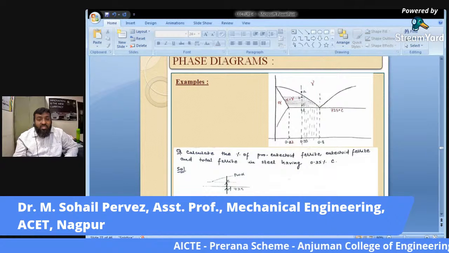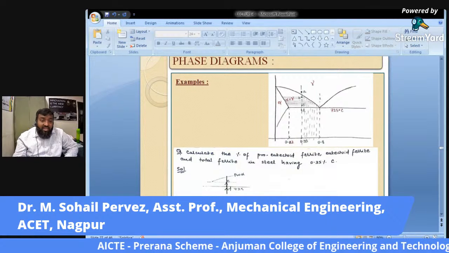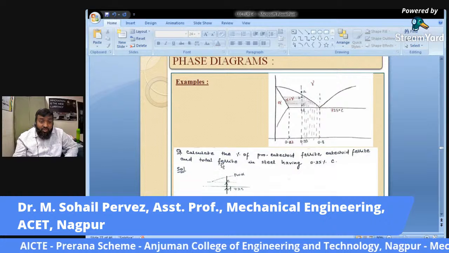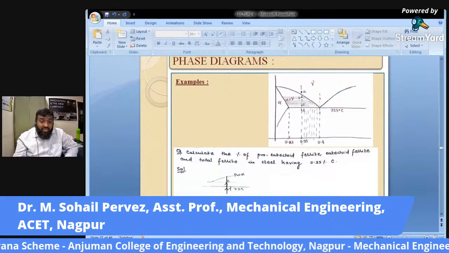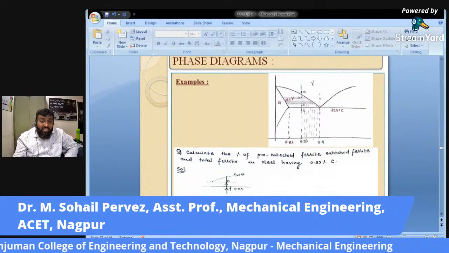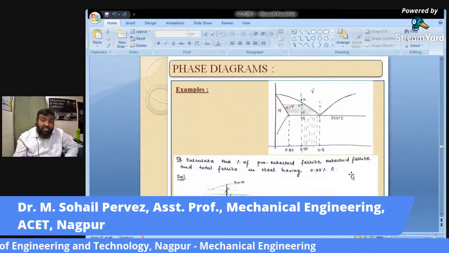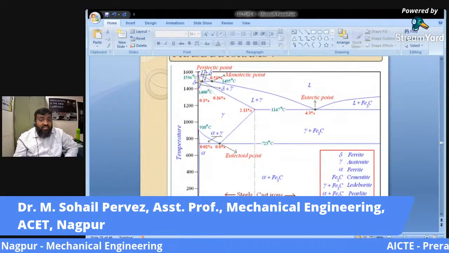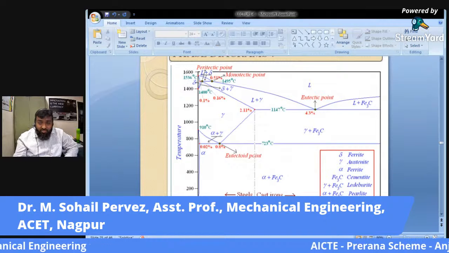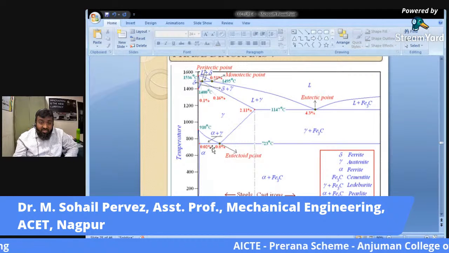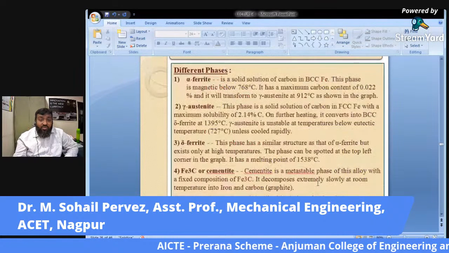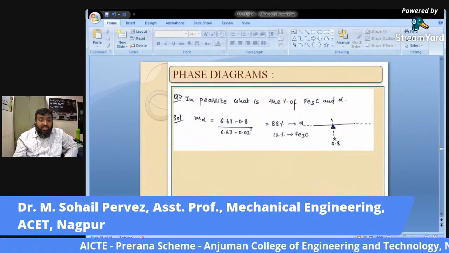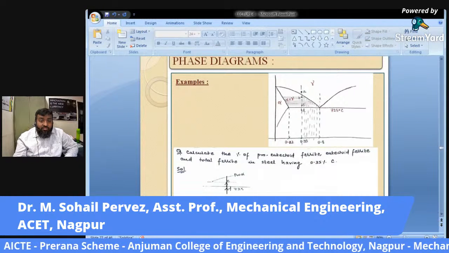So this is the basic structure, wherein again it is expecting total ferrite. For total ferrite, the reference would now not be 0.8, the reference would be 6.67. Yes, this 6.67. This would be the region from here to here. So this would be the reference point. So we can very well calculate this or such type of problem.